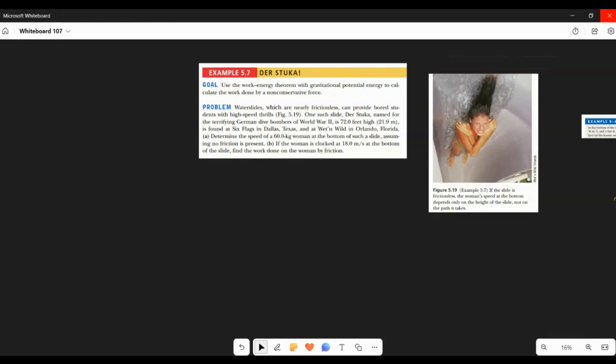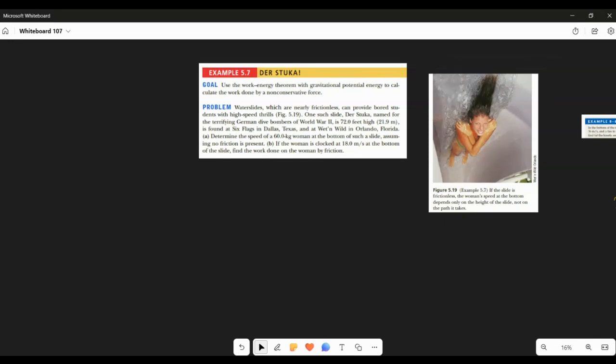In this case, what they're asking is to determine the speed of a 60 kilogram person at the bottom of such a slide, assuming no friction is present. So there is no friction first, and they want the speed. Let me just get this right.